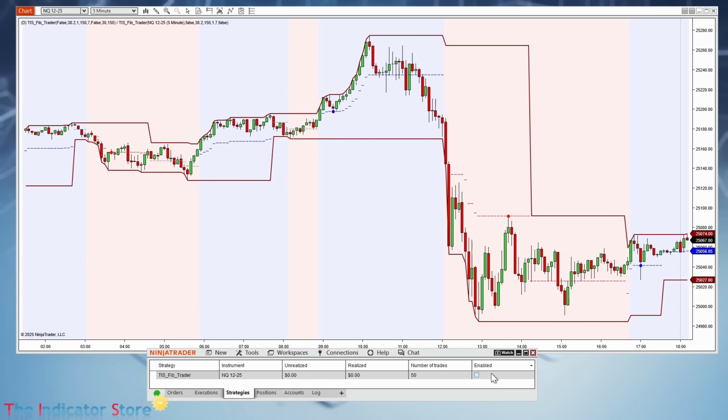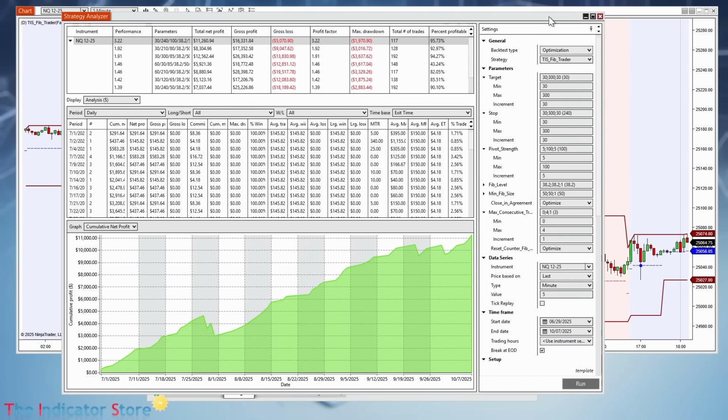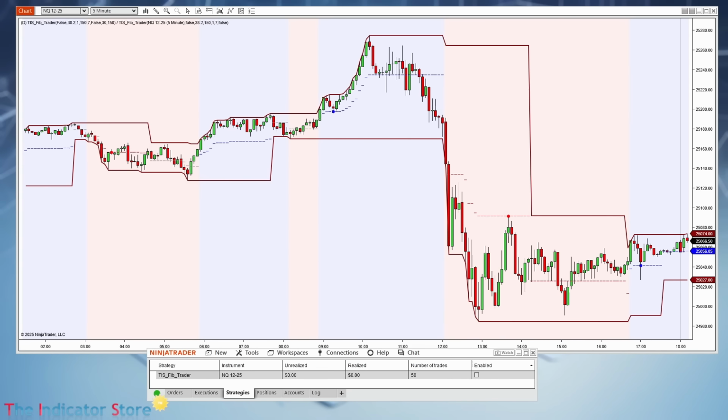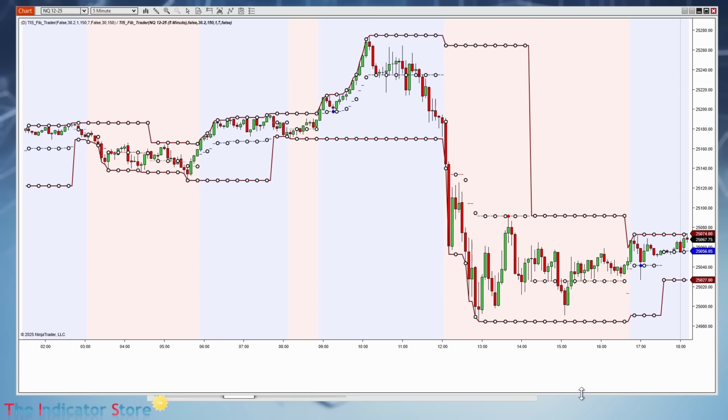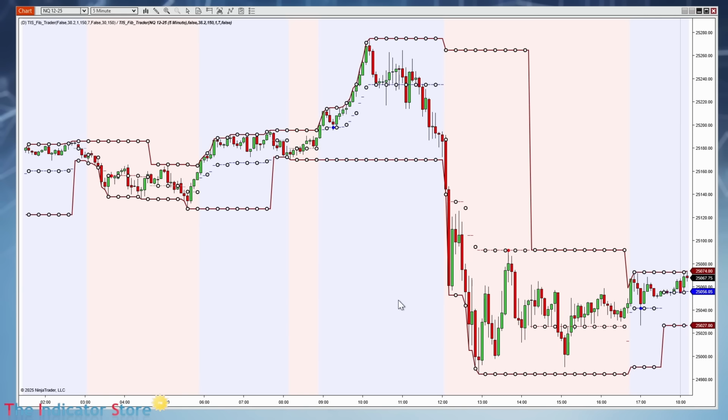And also we can use a strategy analyzer to create reports and optimize parameters. So we have all the tools to change the settings to make it work. But the most important is to understand how it works.